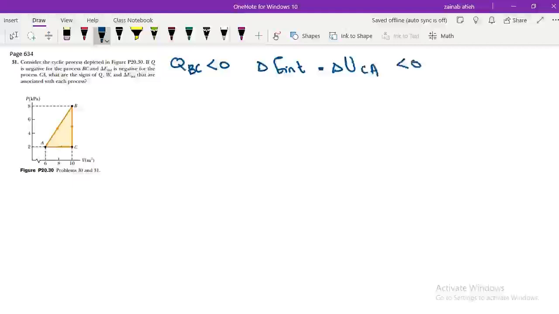What are the signs of Q, W and delta E internal that are associated with each process?